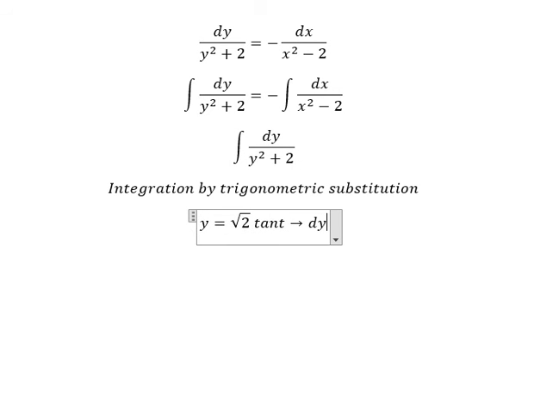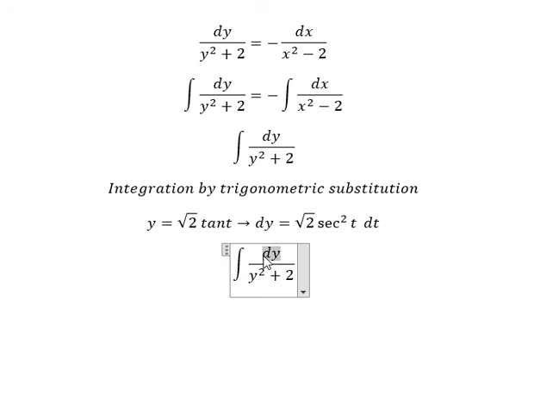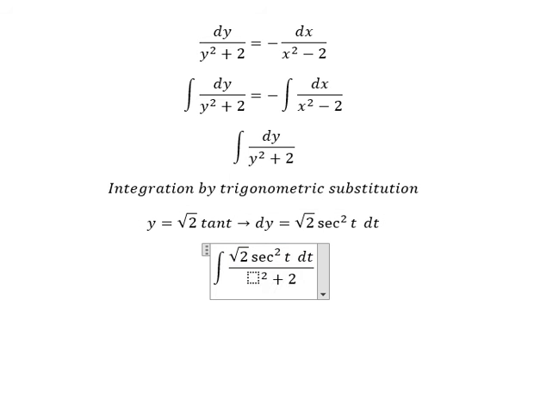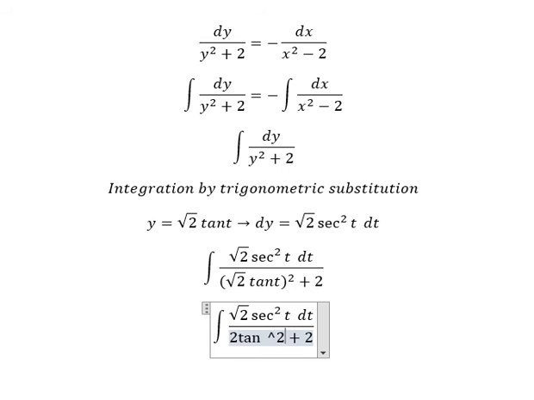We do first the derivative for both sides. We have the square root of 2 secant squared t dt. So I need to put this one in here. Y we change by this one. This one we have 2 tan squared t.